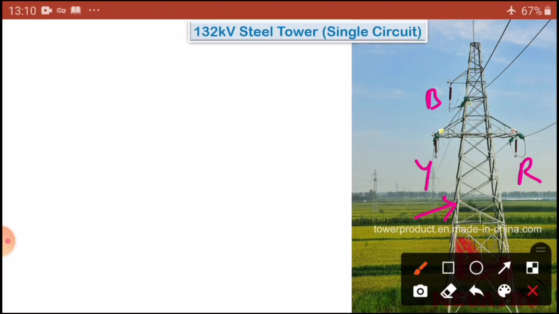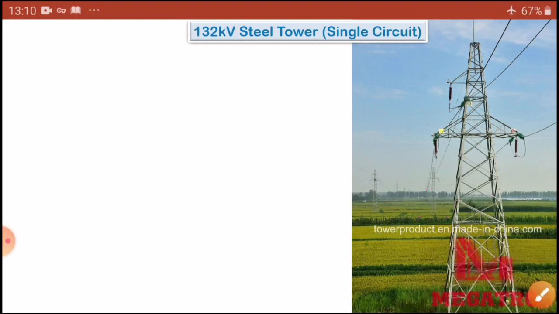Okay, so I am going to draw this 132 kV steel tower. For that purpose I require some dimensions also. What are the dimensions I need here? So that means based on the dimensions you are going to draw it.